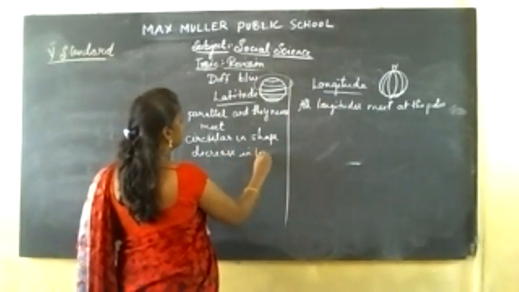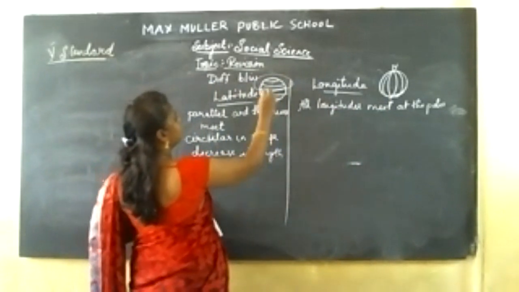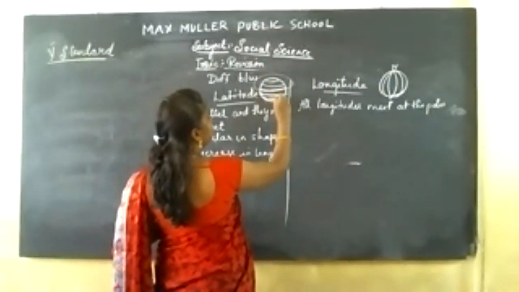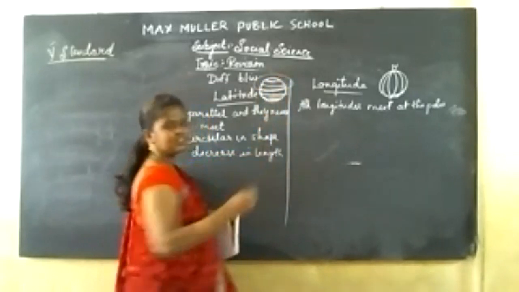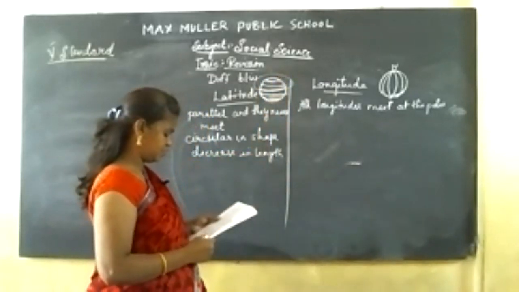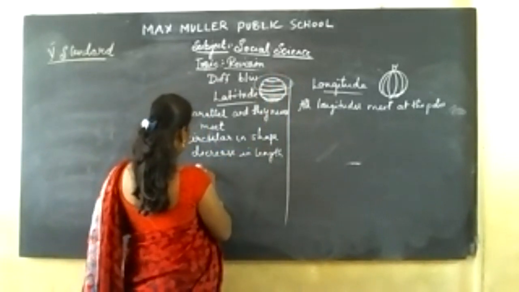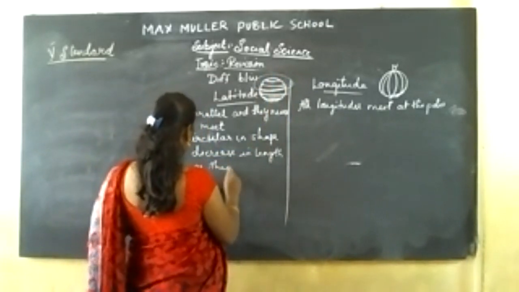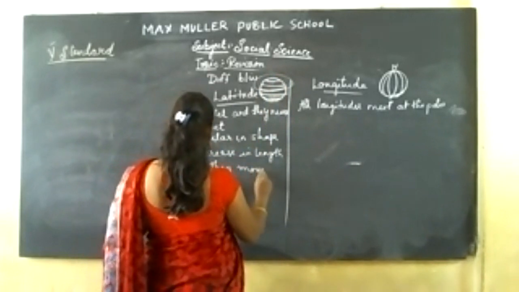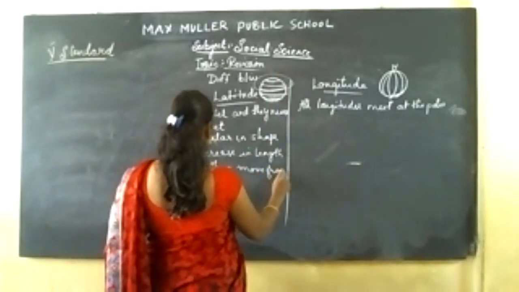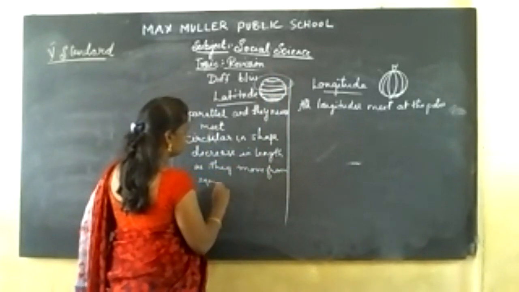You can see the length is very small. The length will be very small due to the decrease as they move from the equator to the poles.